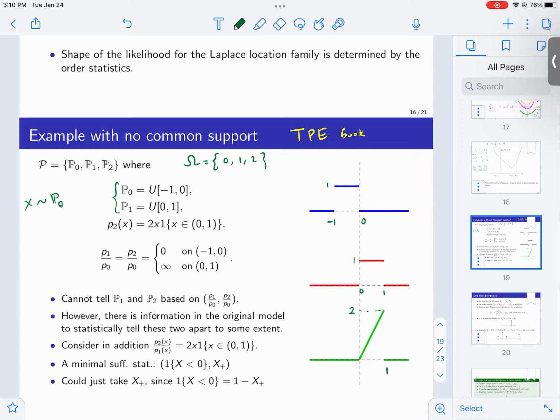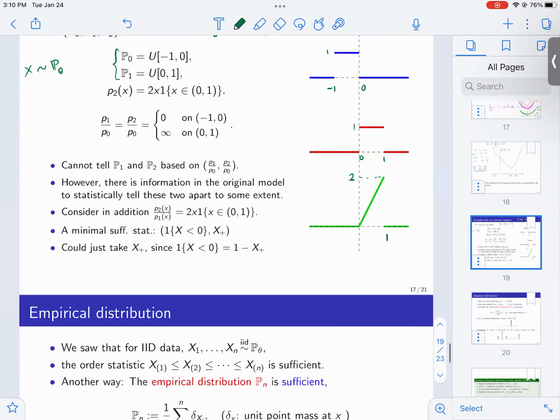This keeps the sign, this keeps the positive value. But this is also a function of that, so X plus is sufficient. At the end of the day, X plus is sufficient, which is just X if X is positive, 0 otherwise. So you just truncate your X when it's negative, otherwise keep it.